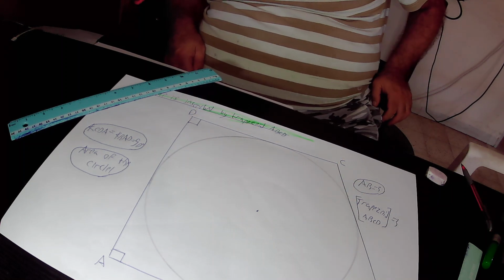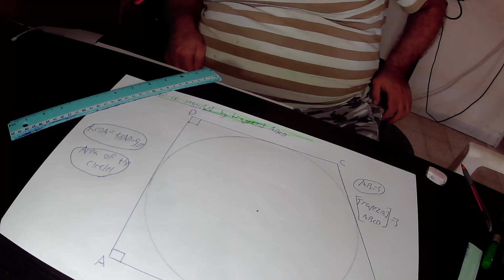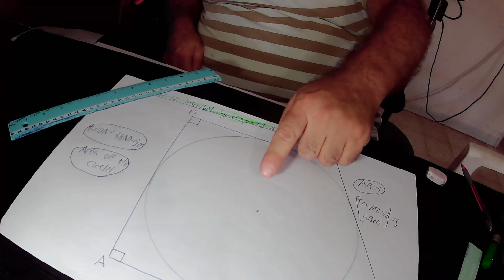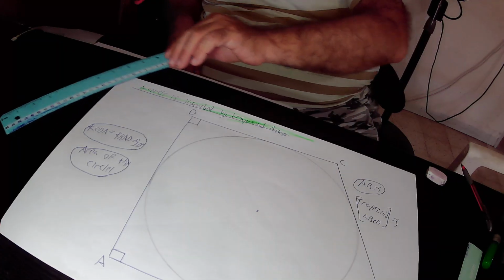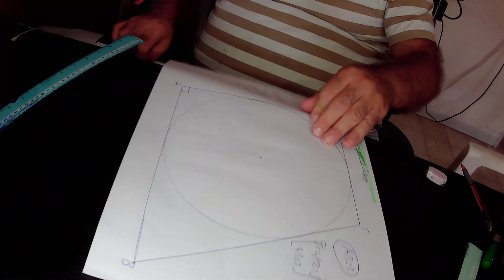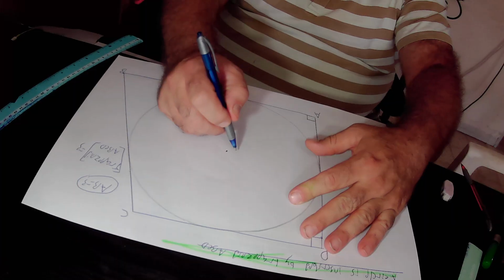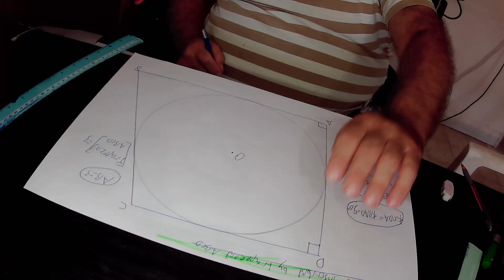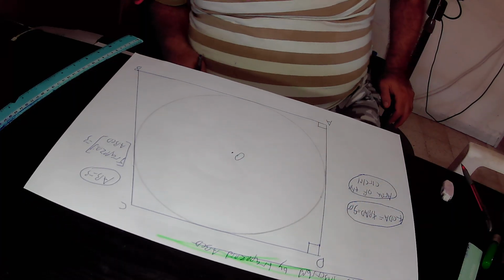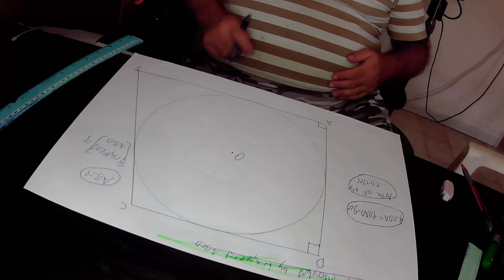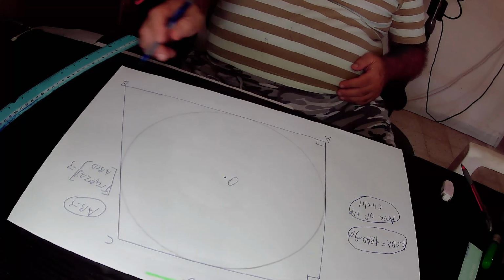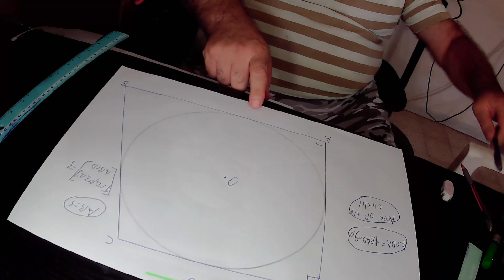First of all, we'll define the relevant points to this question with letters. We'll define the center of this circle. This point is point O. Likewise, we'll define the point of tangency of tangent AB with this circle.